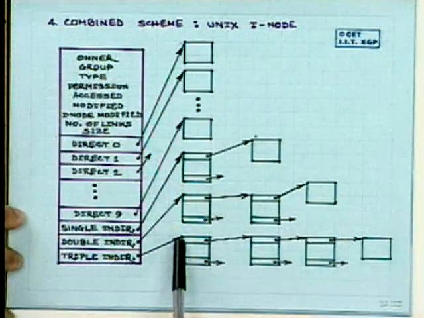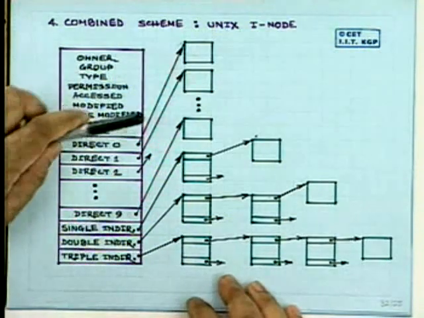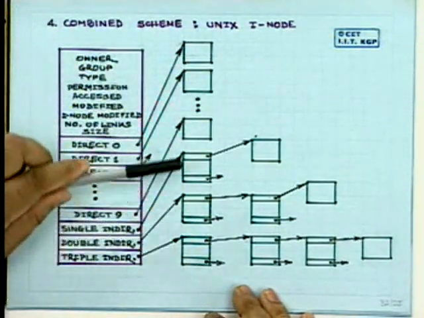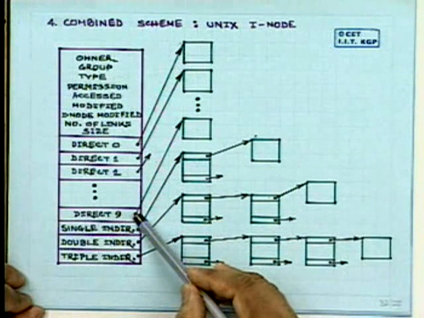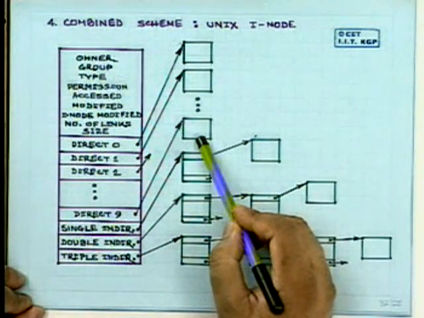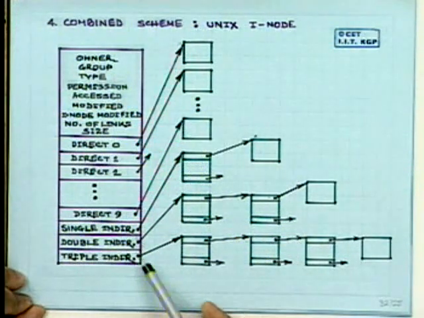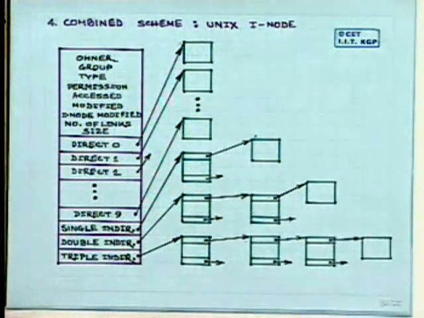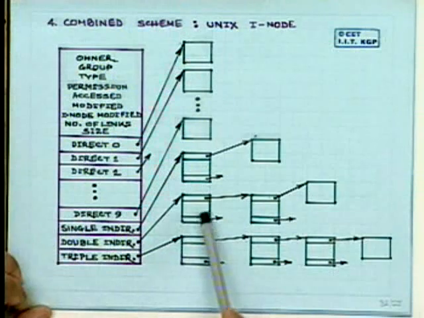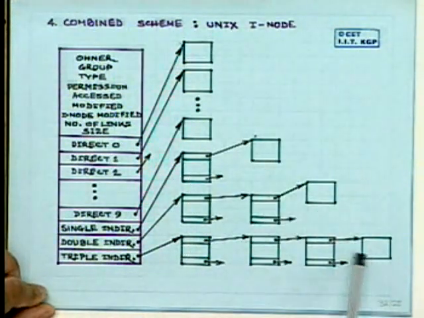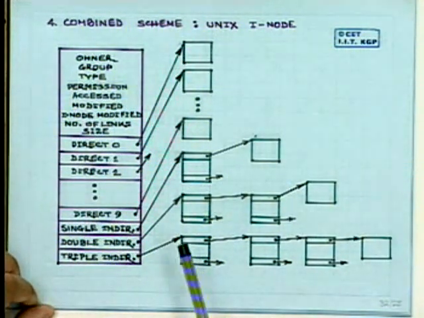Here, this is done if the file size turns out to be gradually more. Up to, for example, the 10th entry, this is a direct pointer. After that, the indirect pointer starts. Therefore, as the file size increases, the consultation time for the later physical blocks also increases, right?